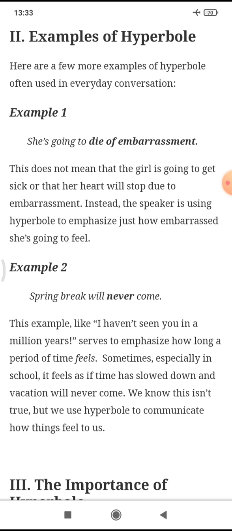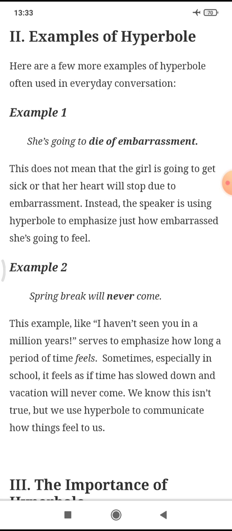Instead, the speaker is using hyperbole to emphasize just how embarrassed she is going to feel. It means she is very much embarrassed through her work or whatever has been done by her, and we can estimate her embarrassment.